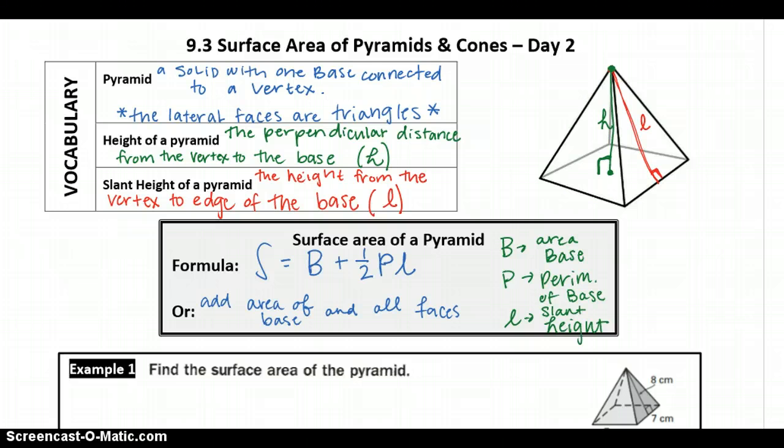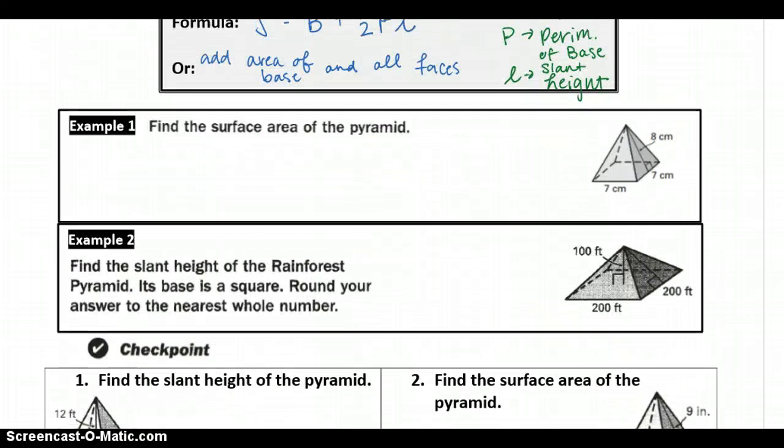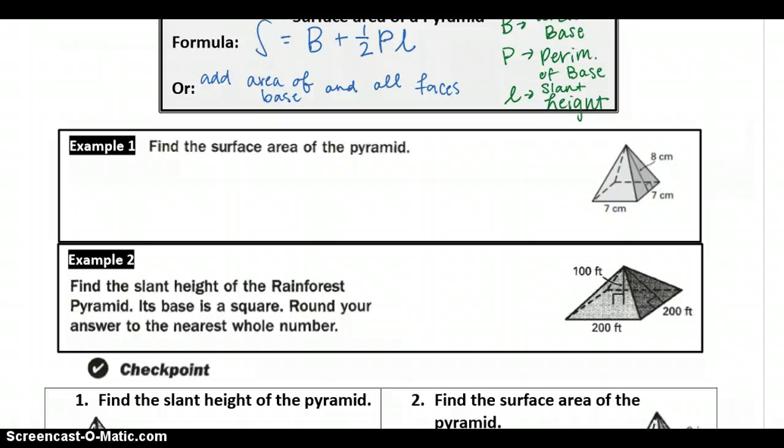Alrighty, so example number 1. It asks us to find the surface area of the pyramid that it shows to the right. So since we're dealing with surface area of a pyramid, we are going to use the formula S equals capital B plus 1/2 times P times L. So we need to figure out what capital B, the area of our base, is.